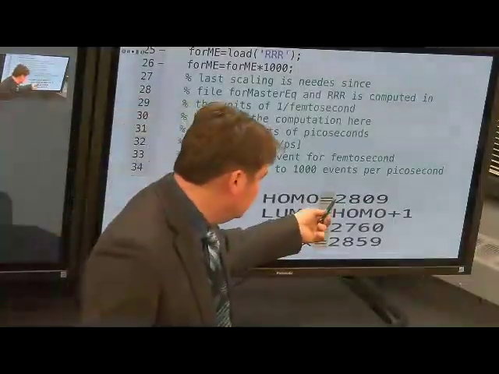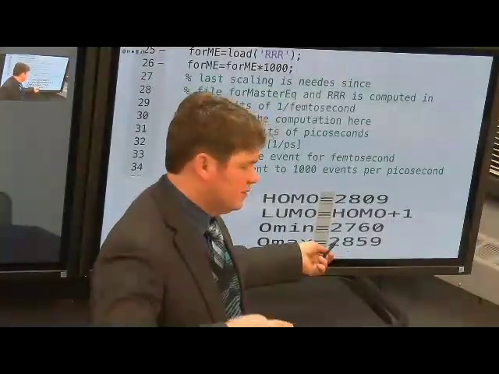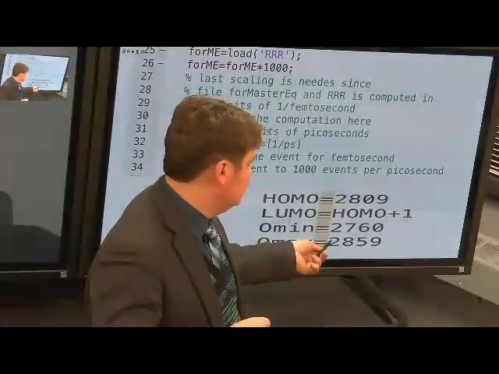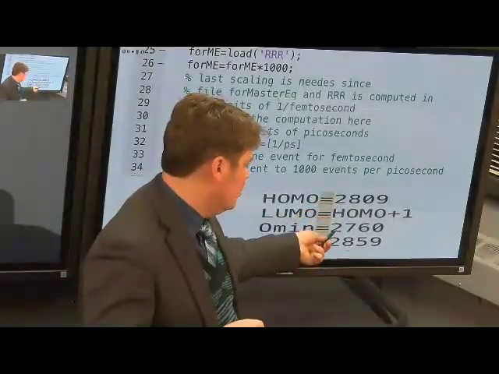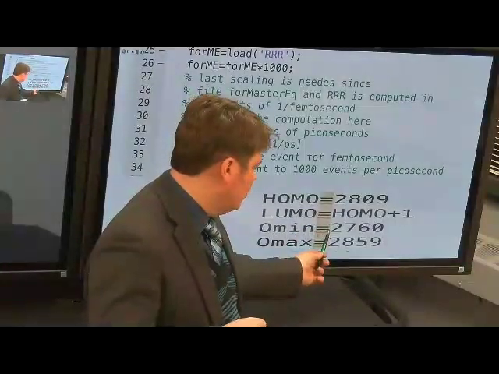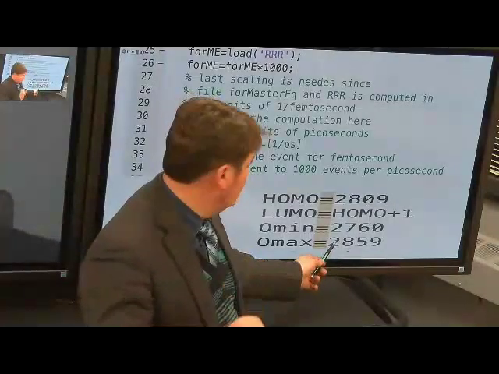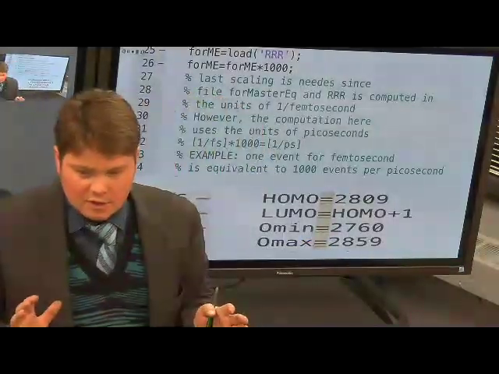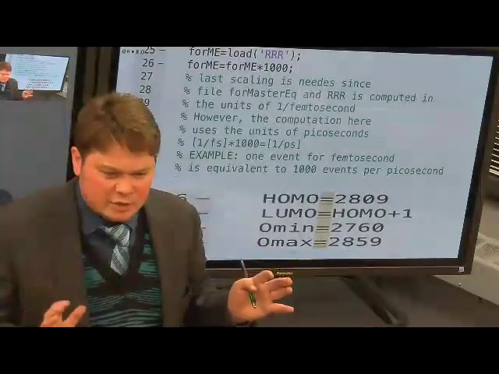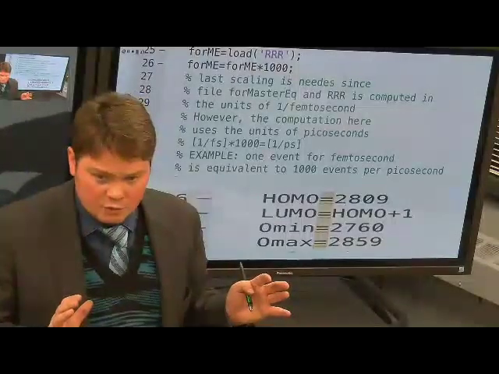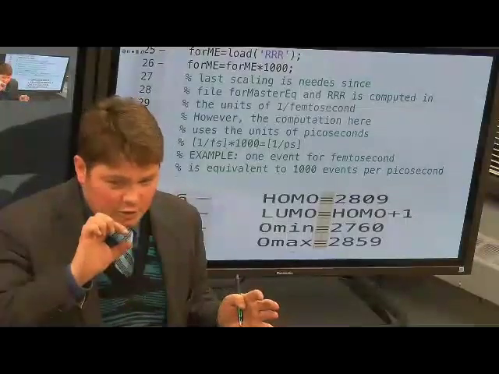And then you need to specify manually. It's possible to do by programming that the code is parsing, but it's a little safer to do it manually. You specify where the highest occupied orbital is, the orbital where your RRR field starts, and the orbital where it ends. Why can we not cover each-to-each orbital? Because if we do not do X-ray or UV spectroscopy, we will excite very few orbitals, a few tens or few hundreds of orbitals near HOMO-LUMO.